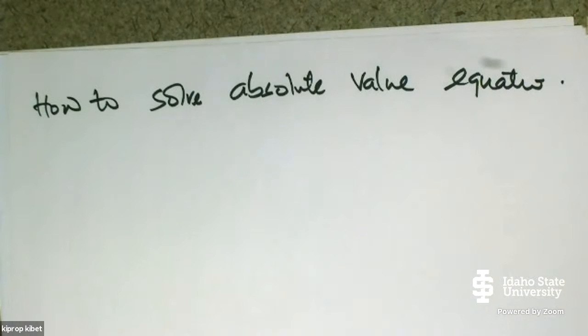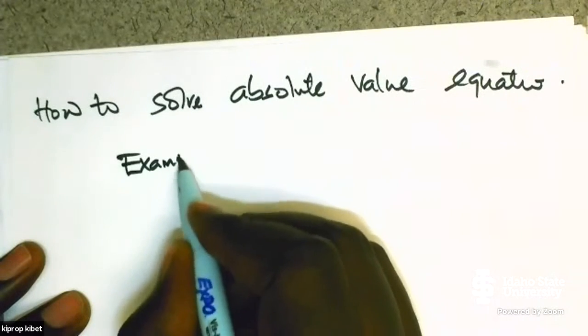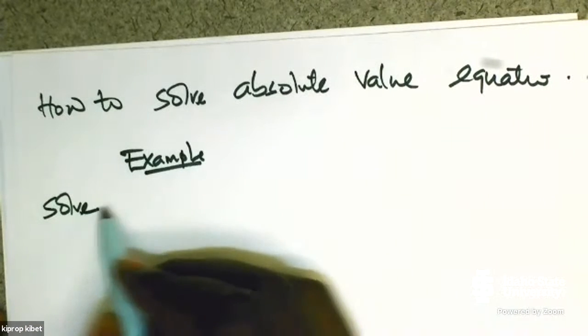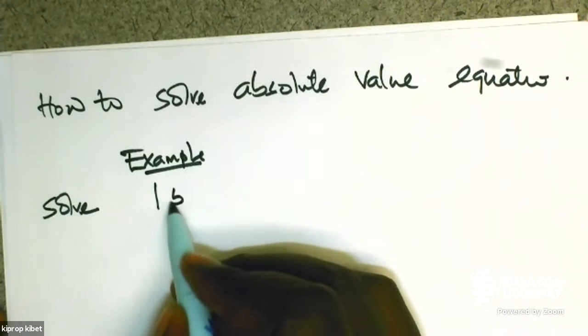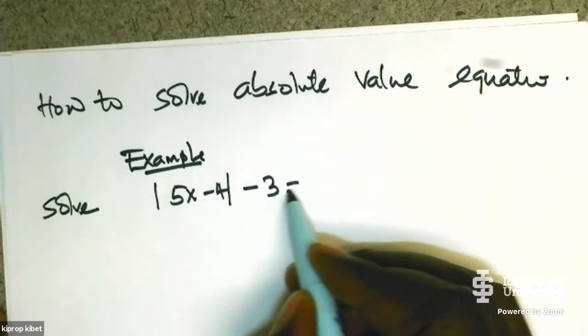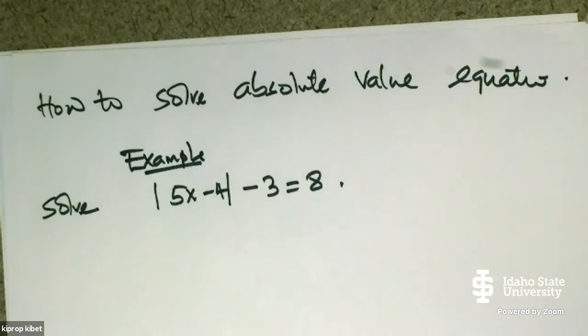So example number 1. If we are given to solve the absolute value of 5x minus 4, minus 3, equals 8. So what do we do?